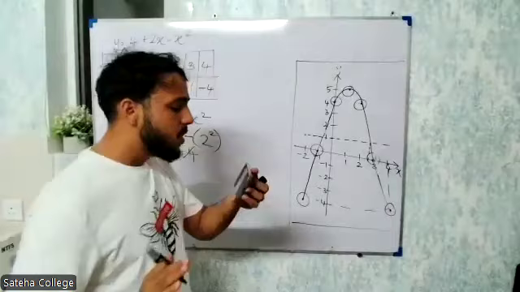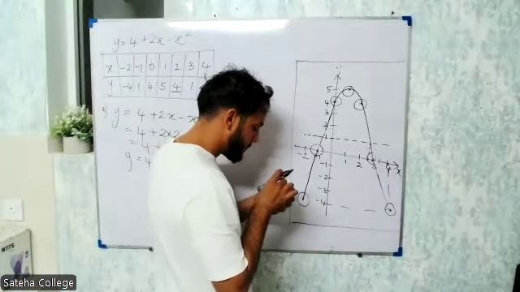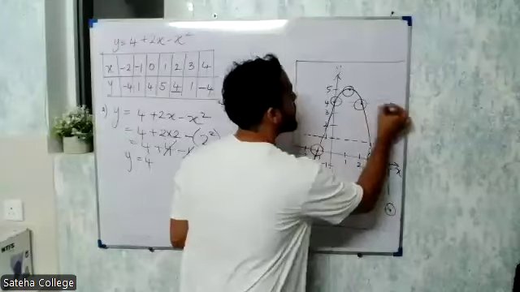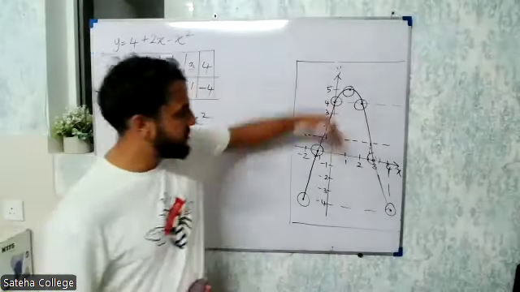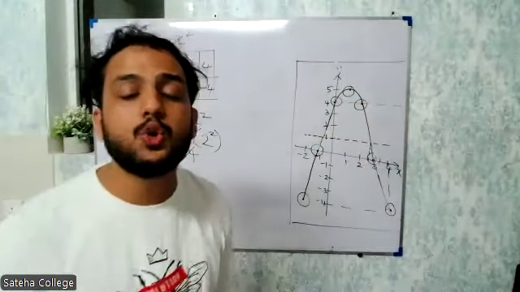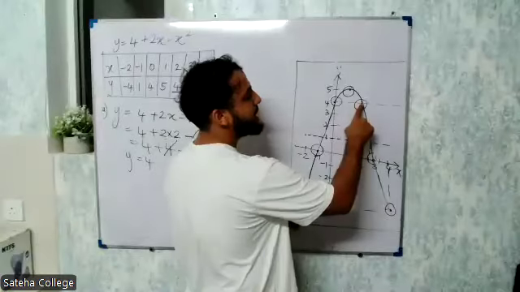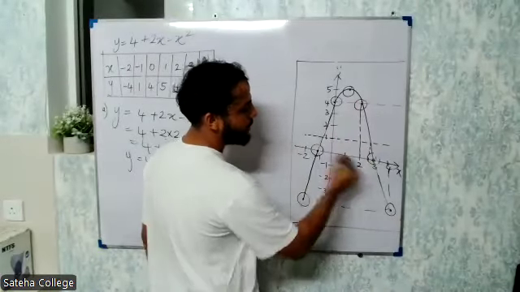And y is less than 4. Y is less than 4 here. So the graph is decreasing, and in this range, they are asking you to give the relevant x value. When y is equal to 4, the relevant x value is 2.